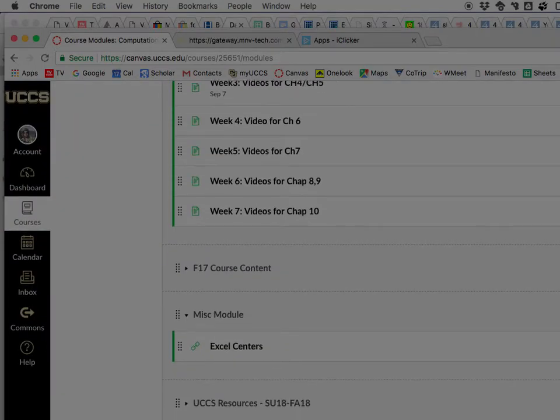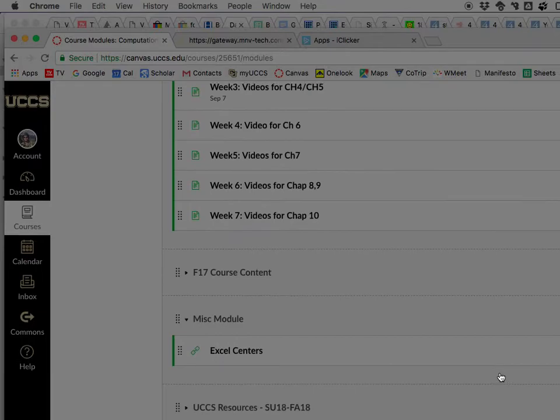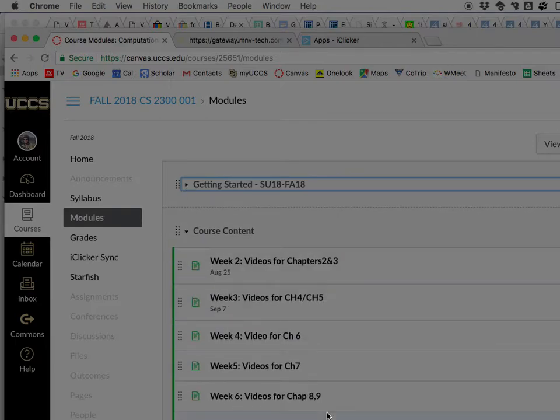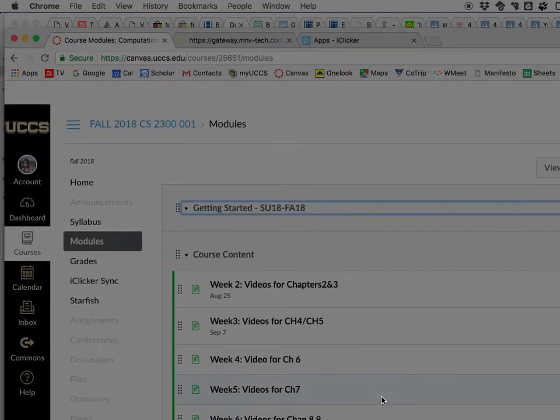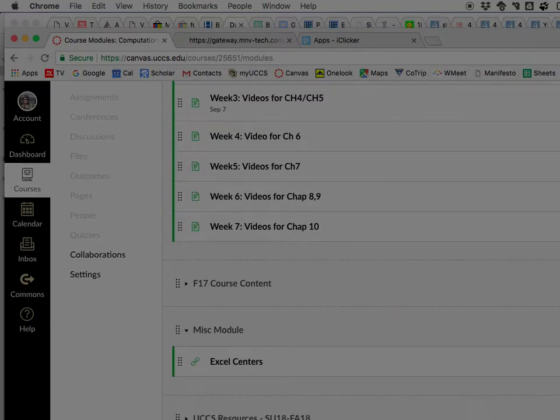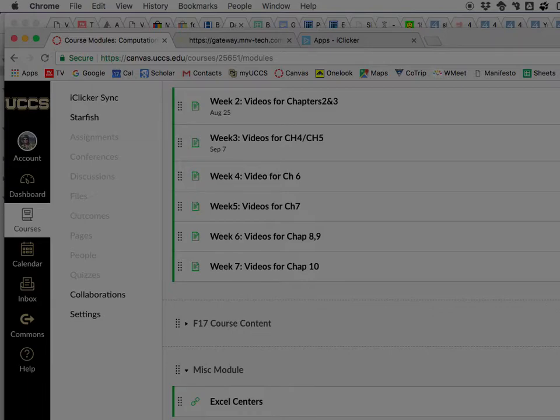Okay, so now look in modules and see if there's a group called programming assignments. Not yet. Okay, try it again. Programming assignments, program 1. And there it is. Cool. I have no idea what's up.